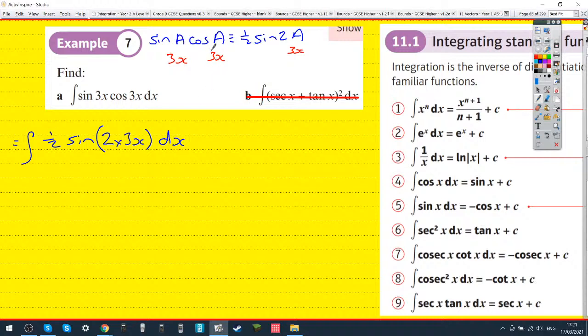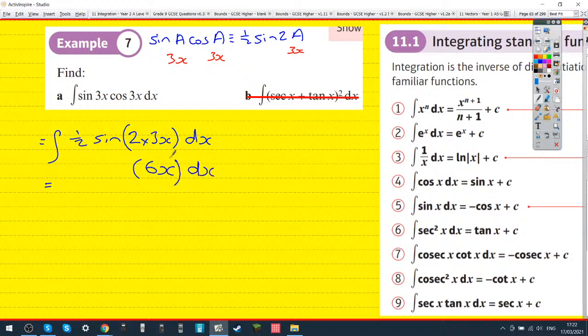So sine a cos a is the same as a half sine 2a. So sine 3x cos 3x must be the same as a half sine 2 times 3x. Simplify. The simplest it can get would be 6x.